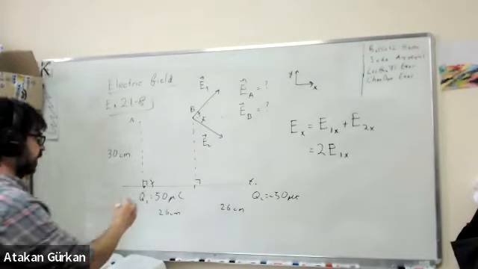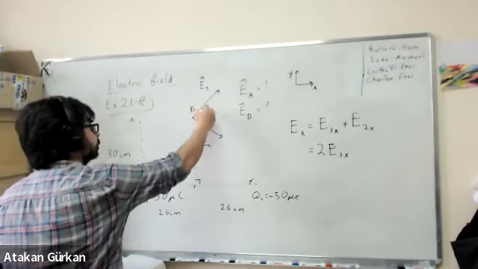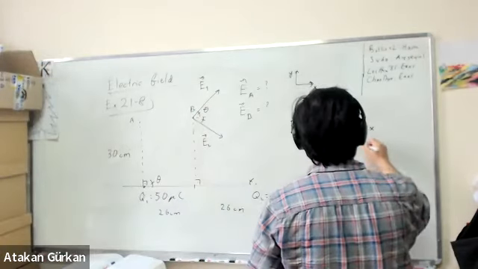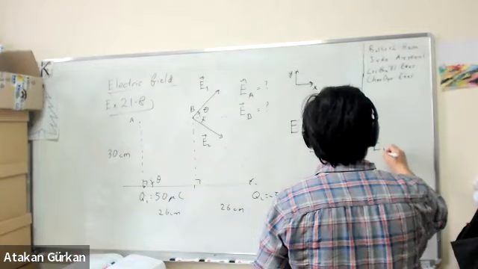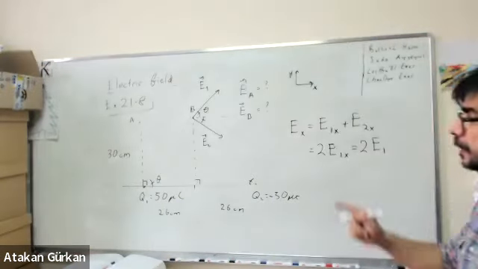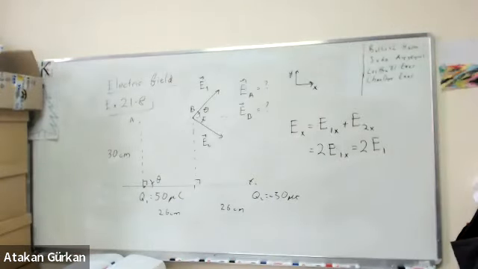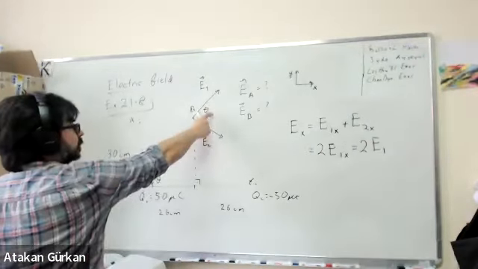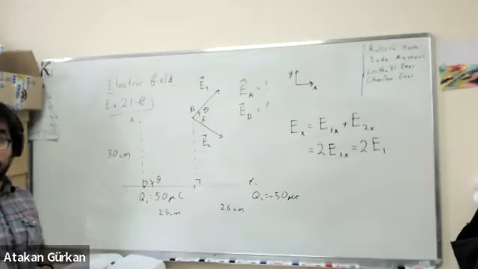Now let's call this angle theta. Let's give it a name. Then I can write this as twice the electric field produced by charge 1 at point P times, now I'm looking at the x component, the horizontal component, that's the adjacent component to this angle, so it must be the cosine of that angle.